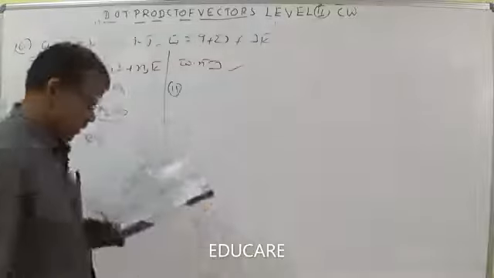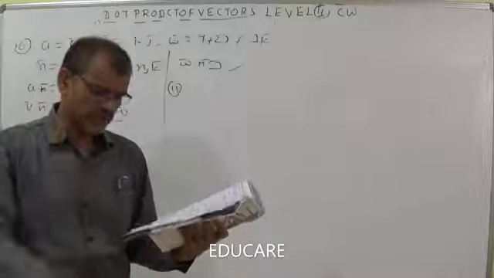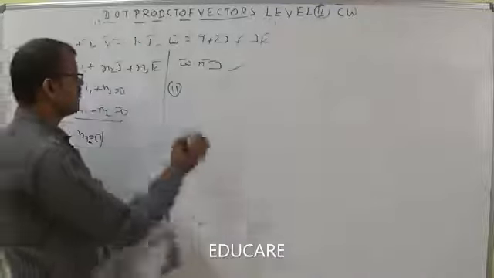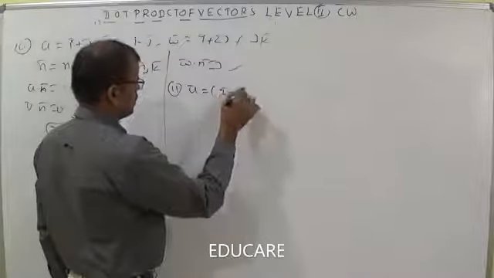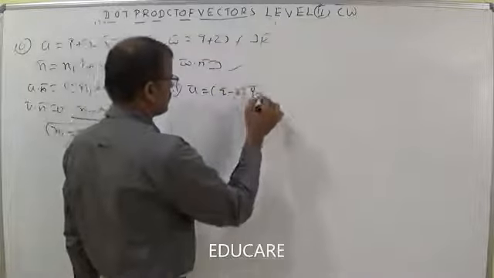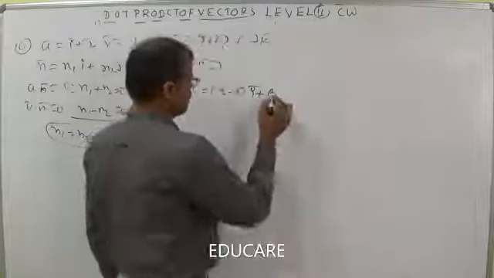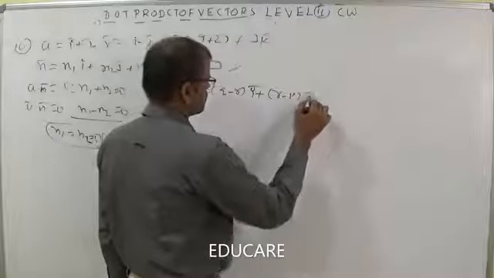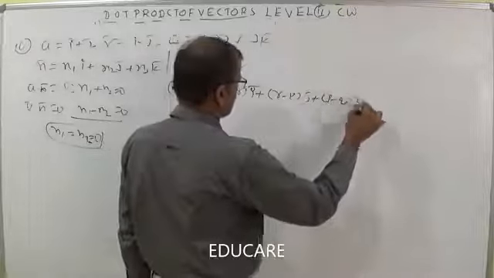The 11th question. A, B, C are the pth, qth, rth terms of an HP, and U bar is equal to Q minus R into I bar. Writing the data: U bar is equal to Q minus R into I bar, next R minus P into J bar, next P minus Q into K bar.